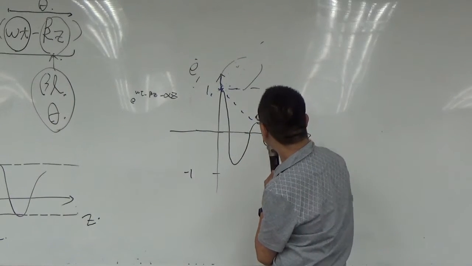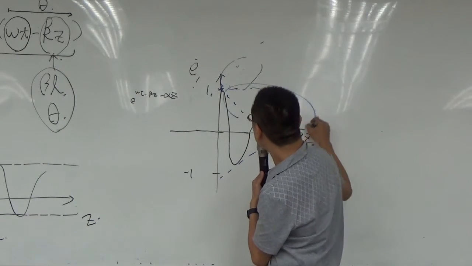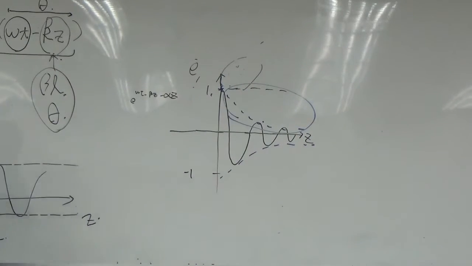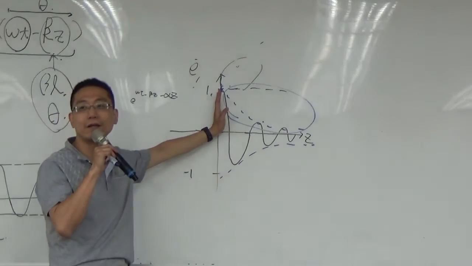I want you to put the envelope here. The envelope here is the same, but divide by 2. Because you have 1 to minus 1 here, right? But now it's very similar, not exact.